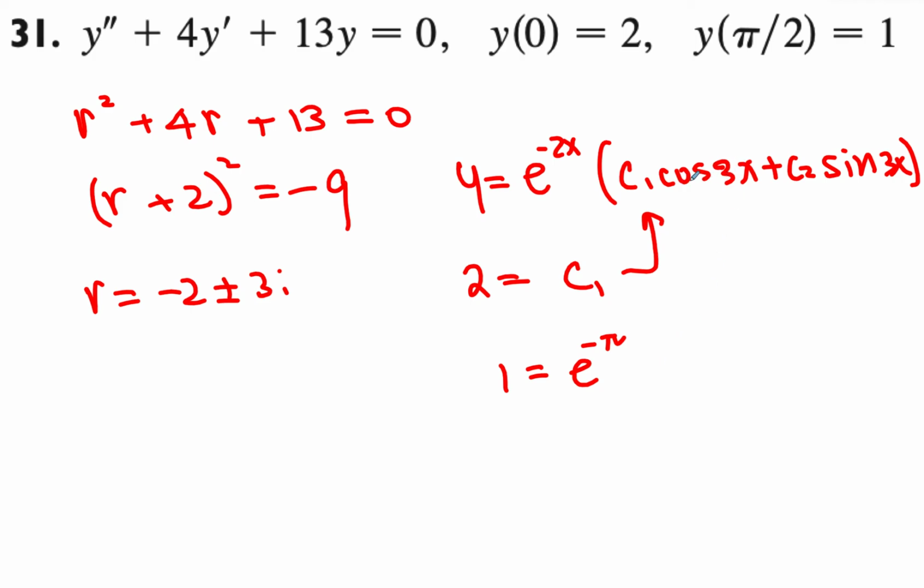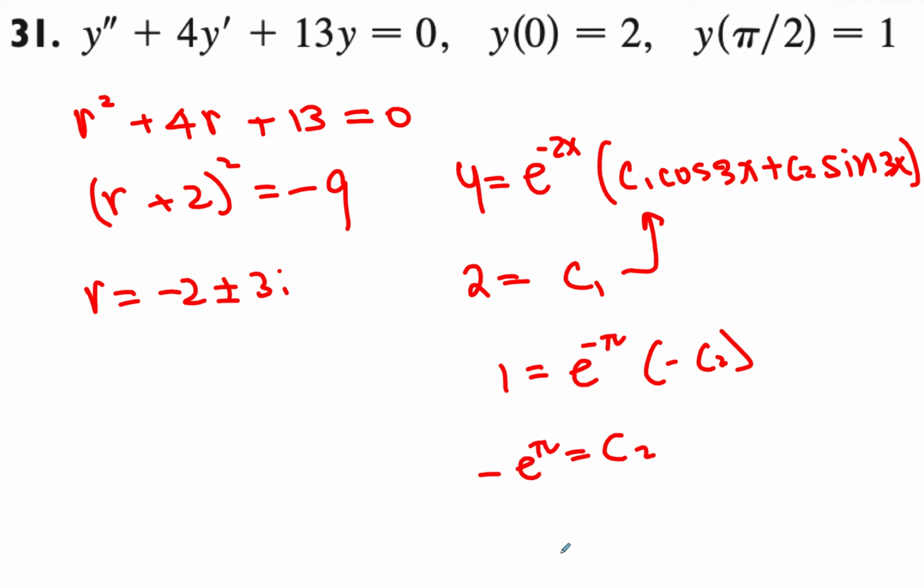And then we get cosine of 3 pi over 2, which becomes 0, while sine of 3 pi over 2 is negative 1, so we have negative c sub 2. So c sub 2 becomes negative 1 over e to the negative pi, in other words, simply negative e to the pi.